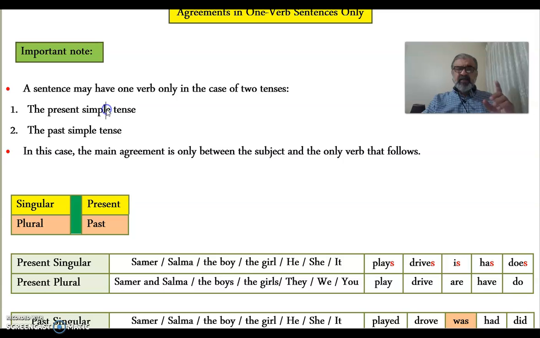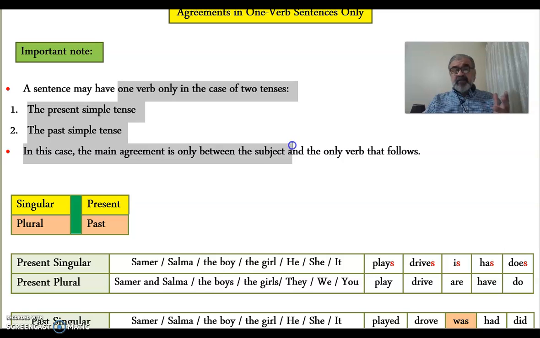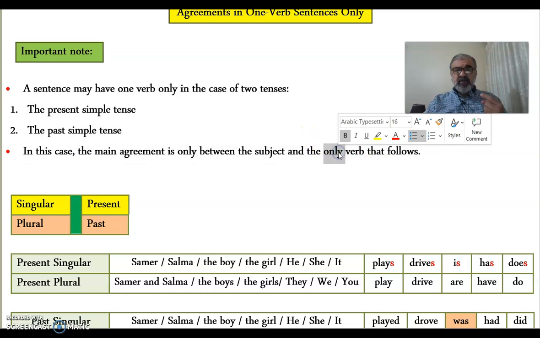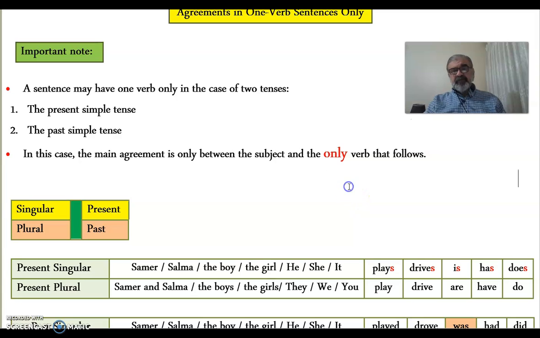So a sentence may have one verb only in the case of two tenses, the present simple and the past simple. And in this case, the main agreement is going to be only between the subject and the only verb that follows.